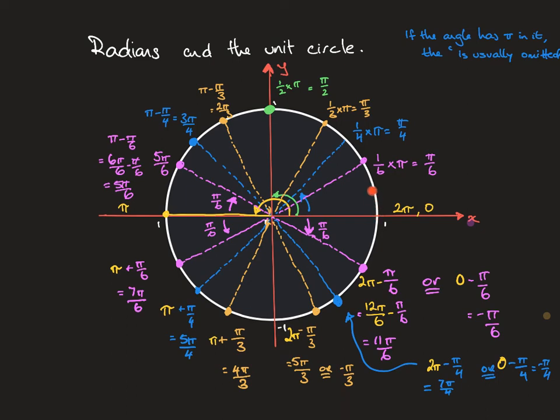Now we've done all of our angles all the way around the circle here, but there's no reason that we should stop at 2 pi. Why can't we continue on up here?